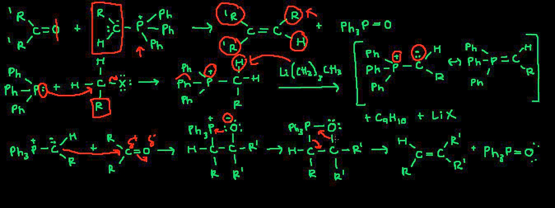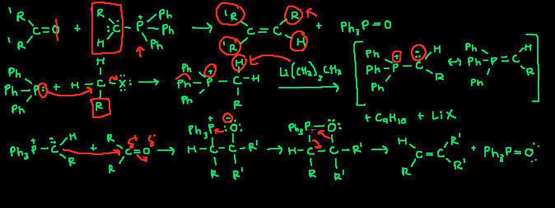It would be ideal to have a double bond to the phosphorus and these two more equal bonds, these equally electronegative carbons, to have another bond between them. So this is what happens.